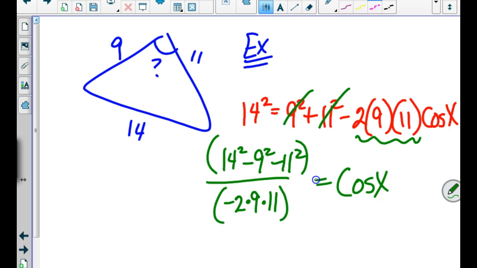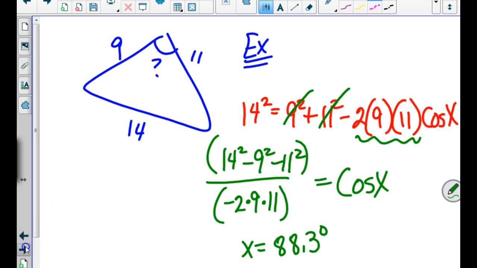So the top, I'm going to do it in parentheses just like I wrote it. 14 squared minus 9 squared minus 11 squared divided by the quantity -2 times 9 times 11, inverse cosine at 88.3 degrees. Did anybody else get that? Okay. We're good?